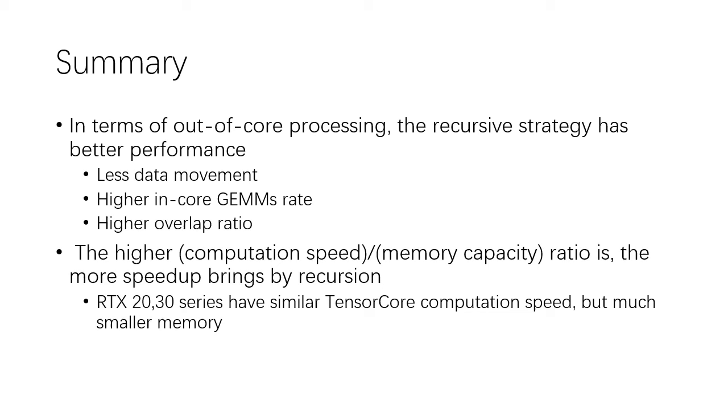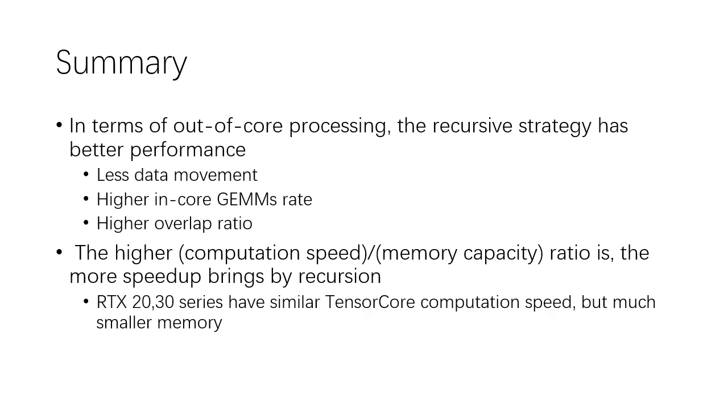The second conclusion is somewhat hard to find out. When we are reducing GPU memory, or changing V100 to the RTX 20 or 30 series, and keep the computation rate at the same level, we can observe a big speedup of the recursive strategy compared to the blocking.